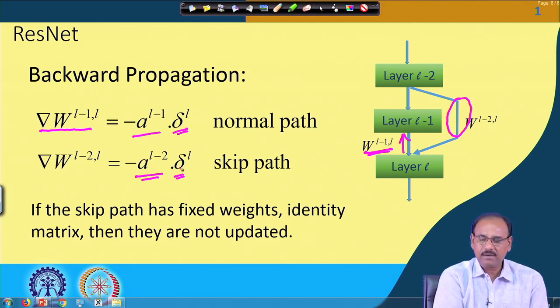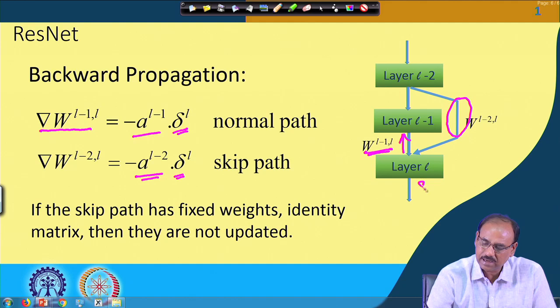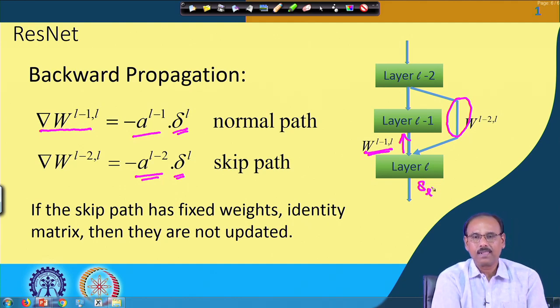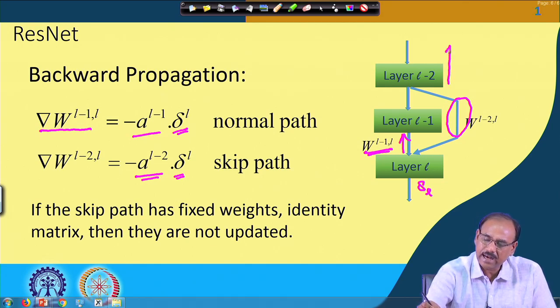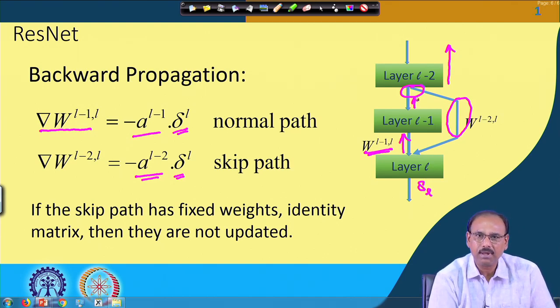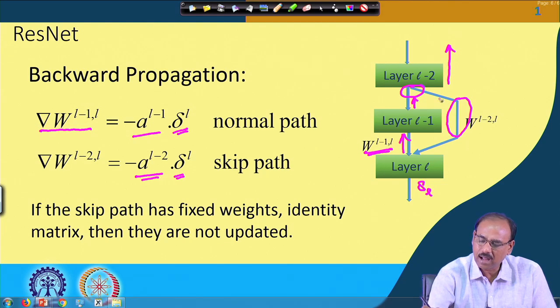And what is delta L? Delta L is the propagated error gradient at layer L. So delta L is over here, right. So you find that when this back propagation has to be carried out further, at this location you have the error propagation from both paths. One is the normal path, the usual path, and the other one is through the skip paths.